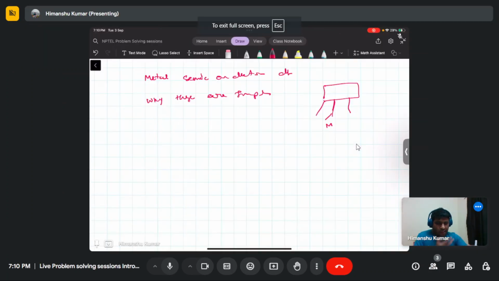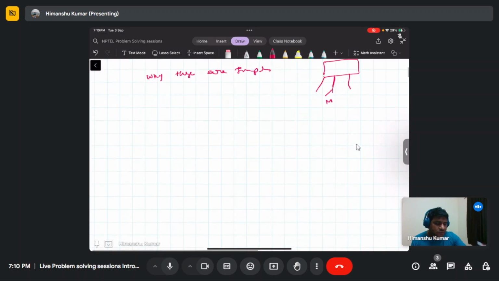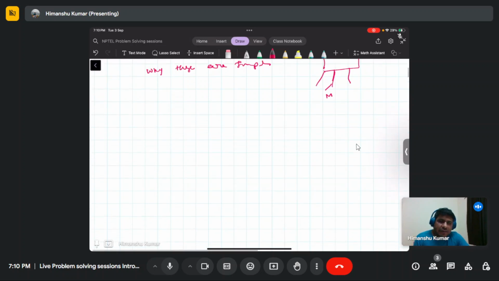You need to make external connections, or within the wafer, suppose you want to connect two different devices, then you also need metal wires, metal lines, even on chip. So you need metal connections, and that's why metal semiconductor junctions are important.